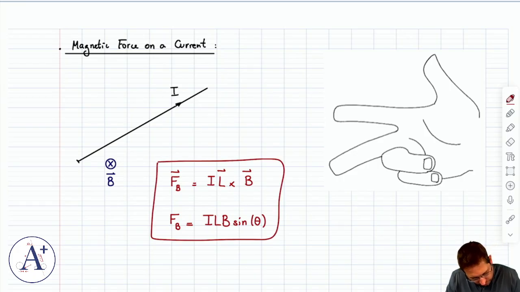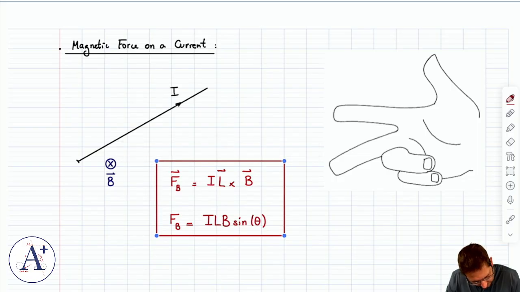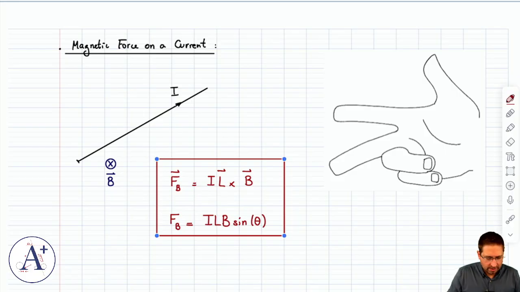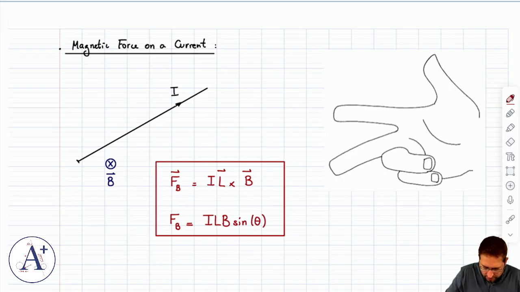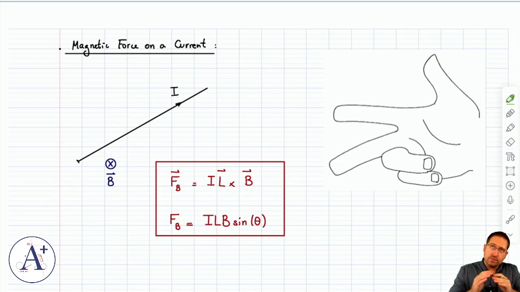Now, I'm writing it in vector form because we need to explain what L is. L is the kind of weird part of this formula, if you will. So let's go over this and say that L is the length of the wire, and it's a vector that's in the direction of the current.